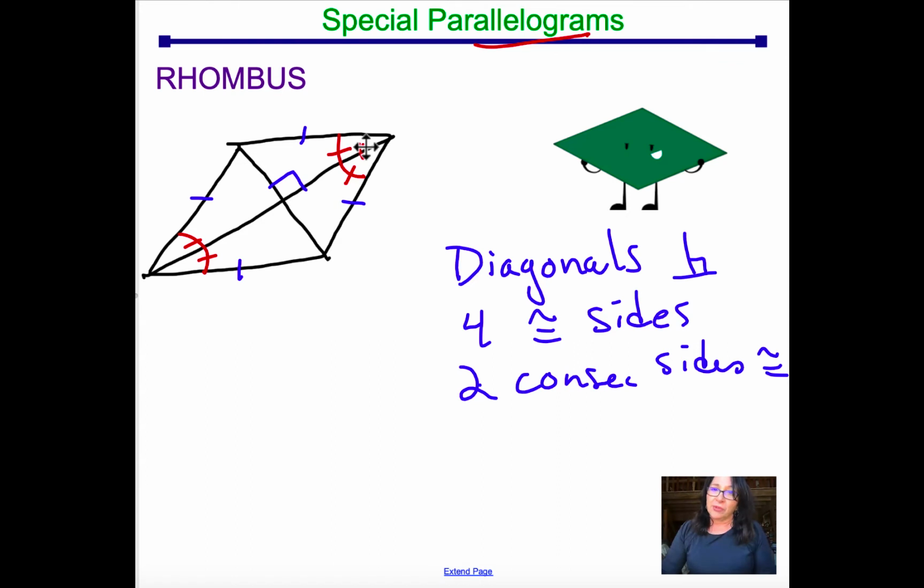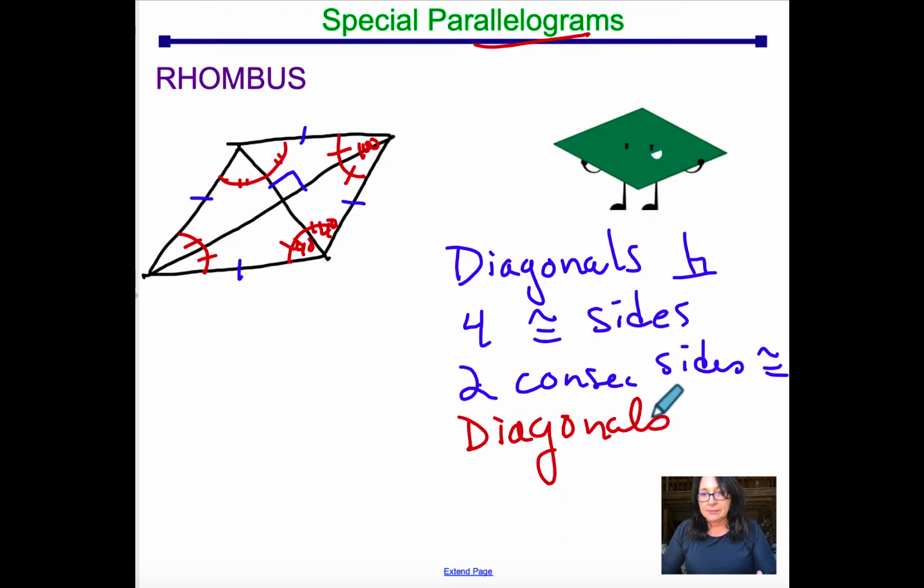And if this was 100 degrees and each one of those were 50, then this angle down here would have to be supplementary, of course, and that would be 80. So these would each be 40 because, again, the diagonals bisect the angles. So that's an additional characteristic: the diagonals bisect the opposite angles. All right, so that's that.